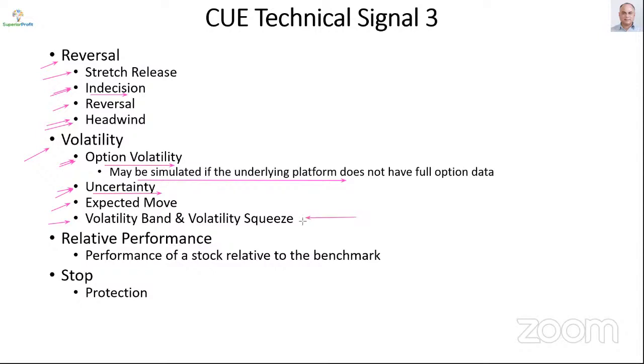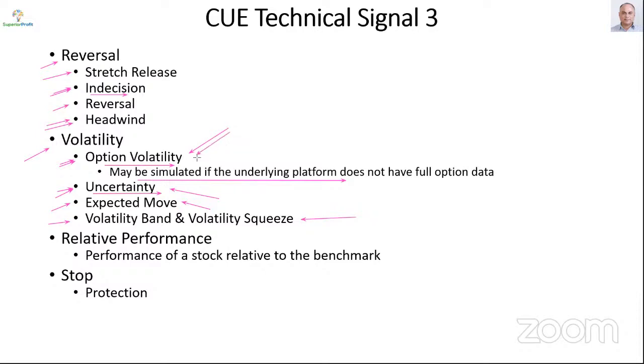Now the last one, volatility band and volatility squeeze, is based on the stock's volatility. It does not need option data, whereas the option volatility, uncertainty, and expected move need option data. So they may be simulated or they may not be available on Q Global.